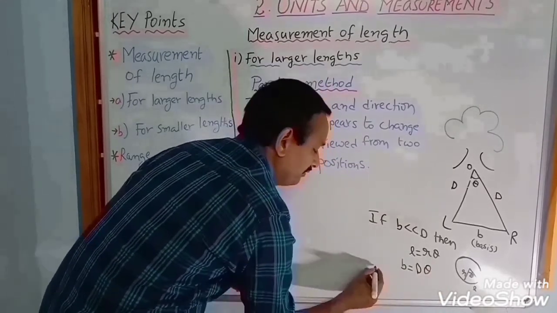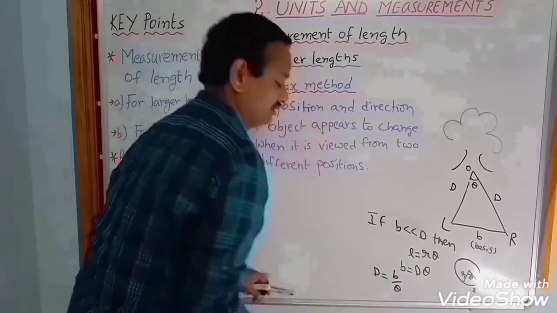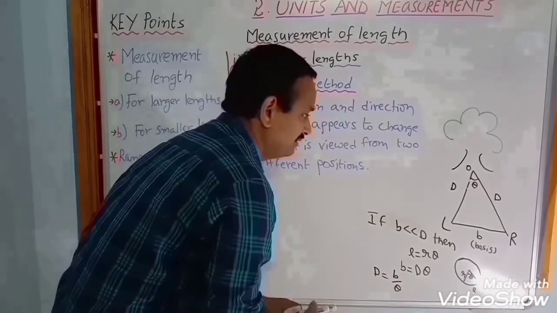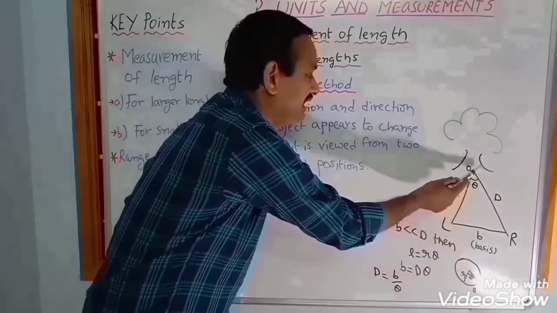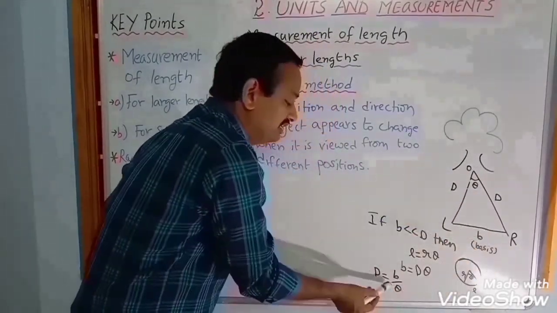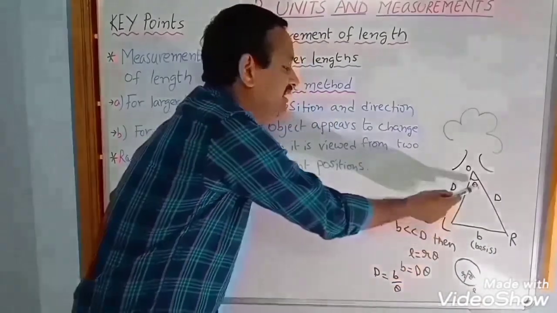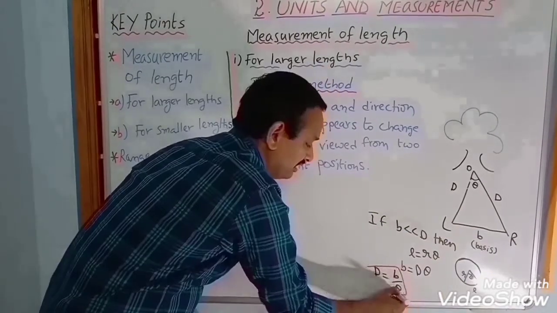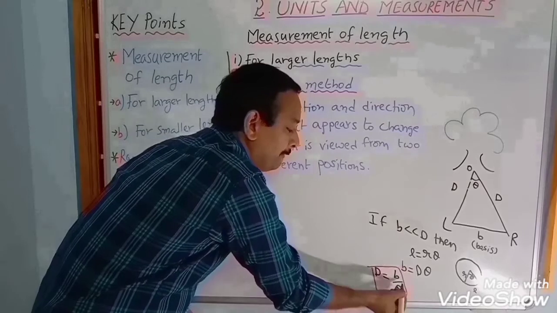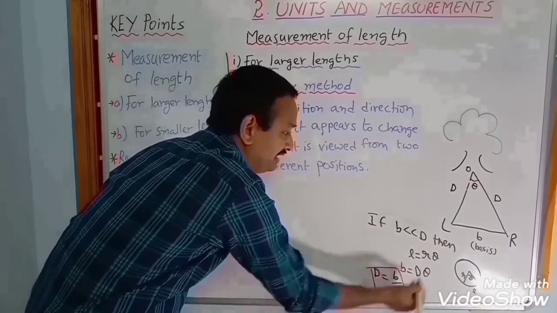So here D equal to B by theta. That means the distance between the tree and the left position, or the distance between the tree and the right position, is equal to the basis divided by the angle subtended by the tree with these two positions.